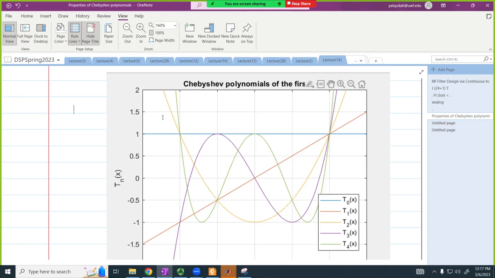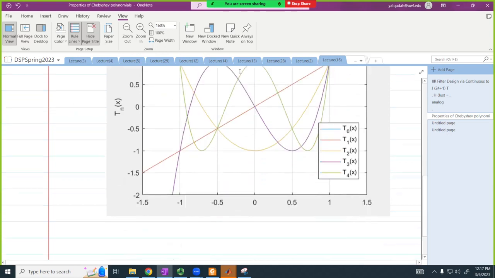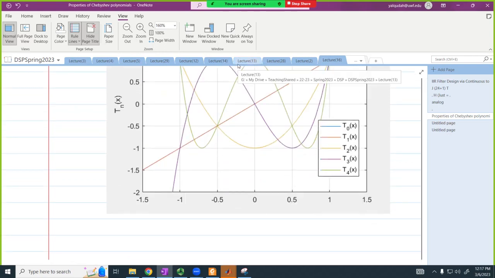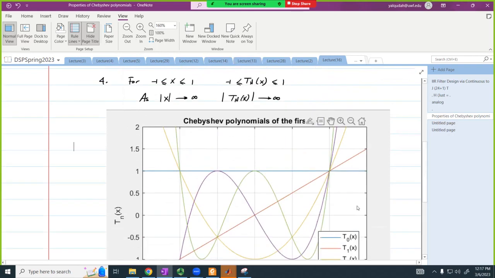Say again? Did it say that Tn of 1 is equal to 1? Yes, Tn of 1 is going to equal 1 for all n. And they all do. All of these at 1 are going to go through this point. At -1, it's going to be either a 1 or a -1, depending on whether n is odd or even.